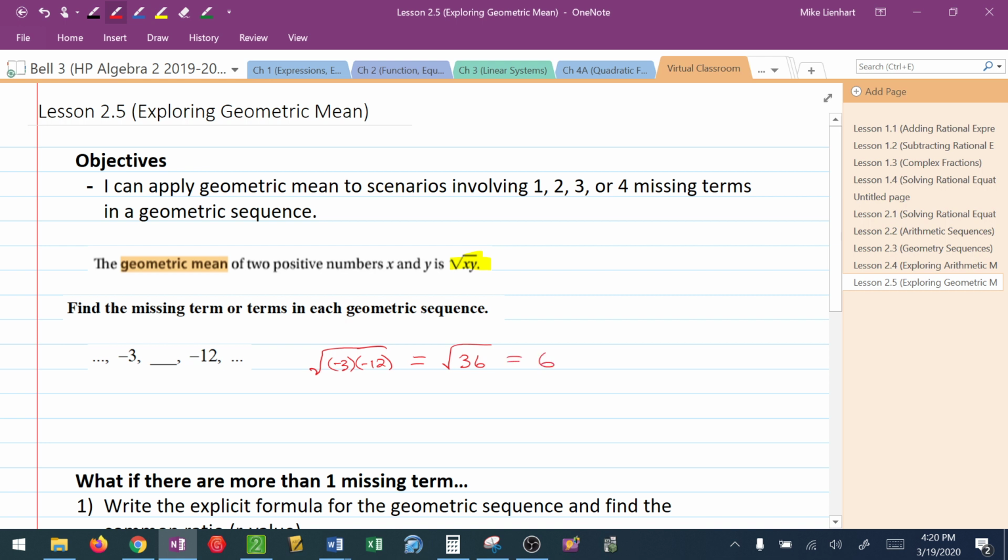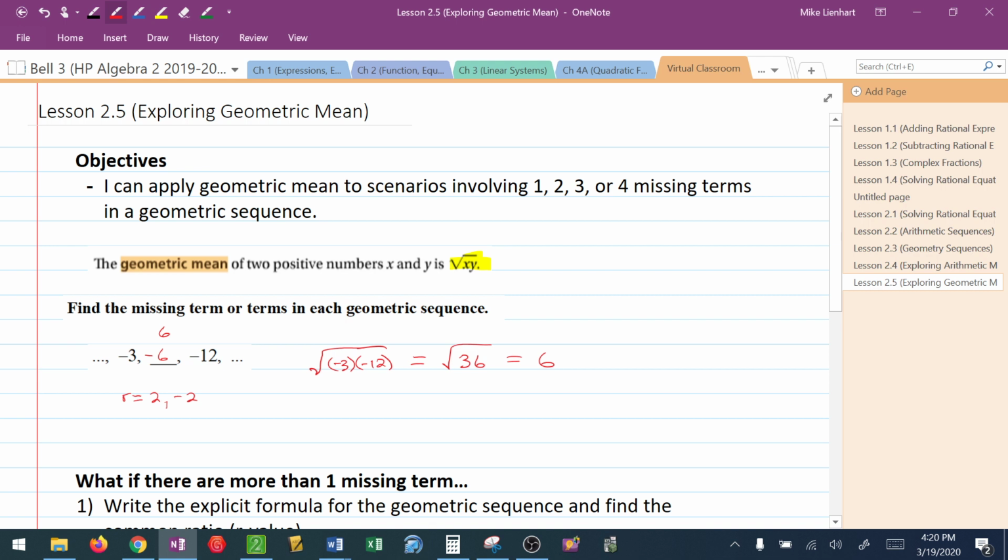And then here's the one thing that I've got to remember, though: the number that's missing here could be 6 or -6. That would depend on the common ratio. Remember that r value that we talked about for geometric sequences. If the common ratio was equal to 2, well, there would be -6. But if the common ratio was -2, then it would be +6.